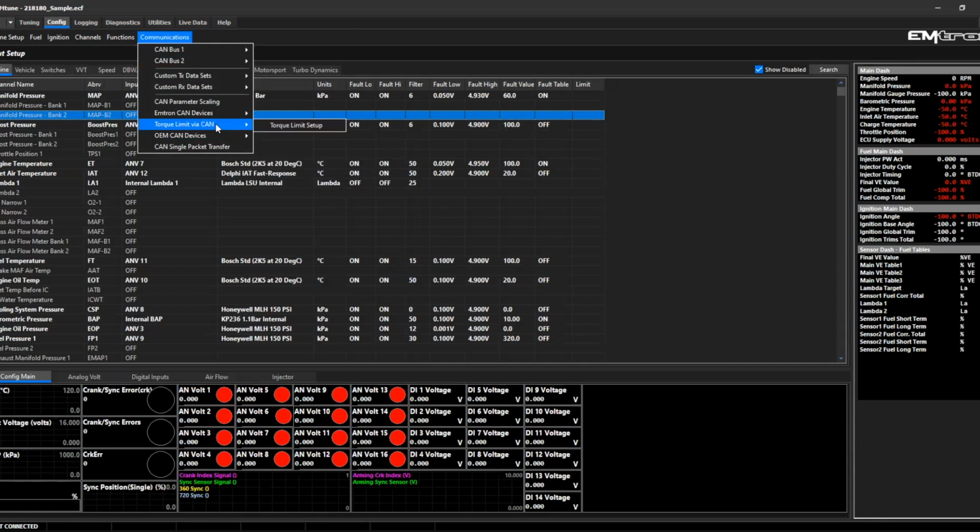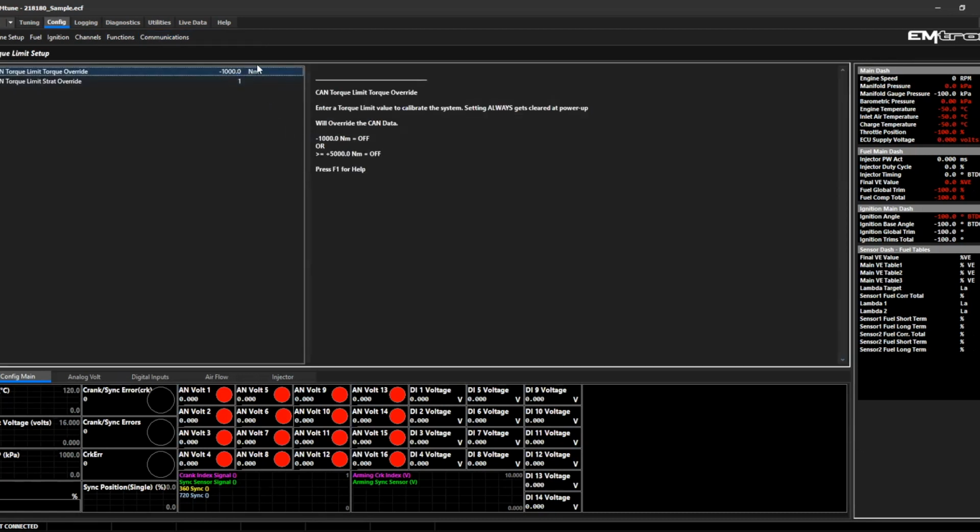We have the new CAN torque limit base. Very, very simple. We have an advertised document which we'll issue out. Ultimately, this simple setting allows you to send a CAN torque request from any device from a predetermined address that Emtron will provide, and it also allows you to select the strategy that CAN bus torque request would leverage.